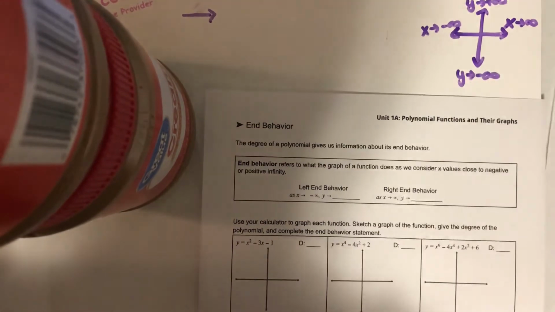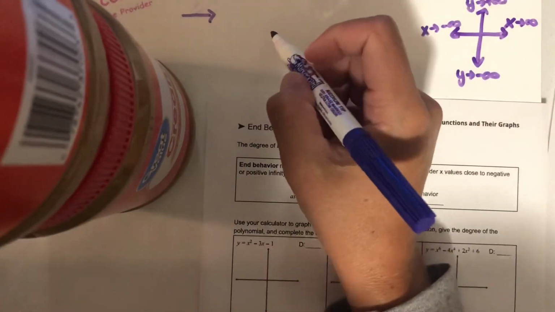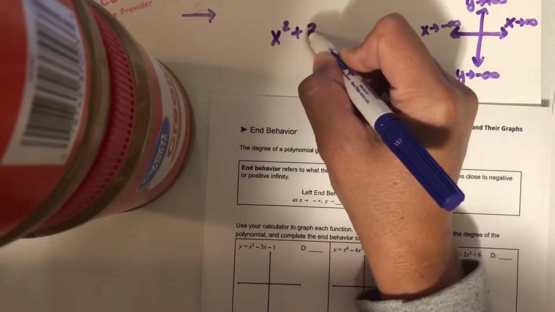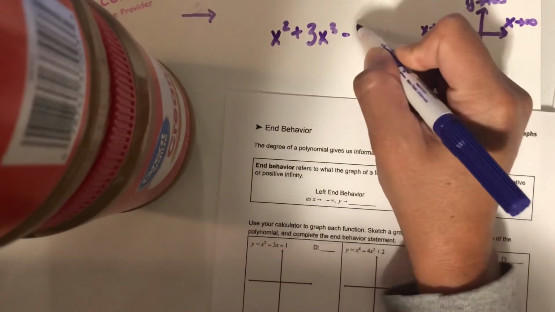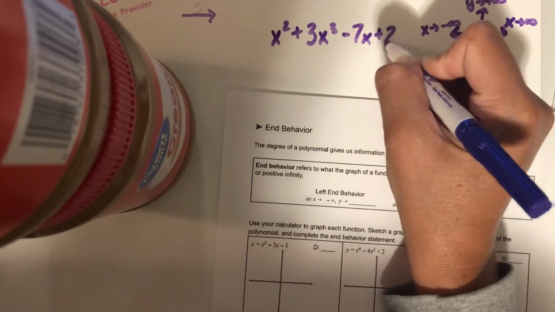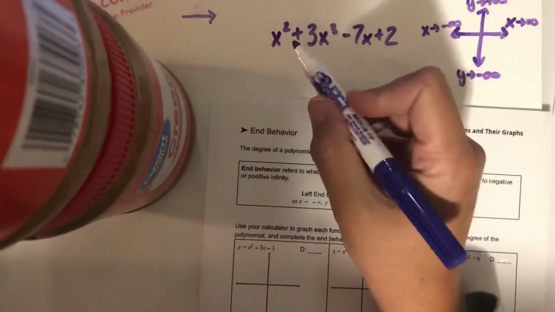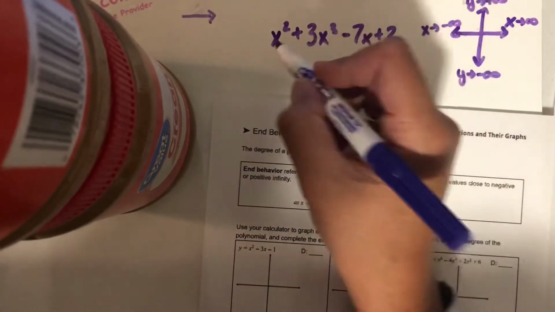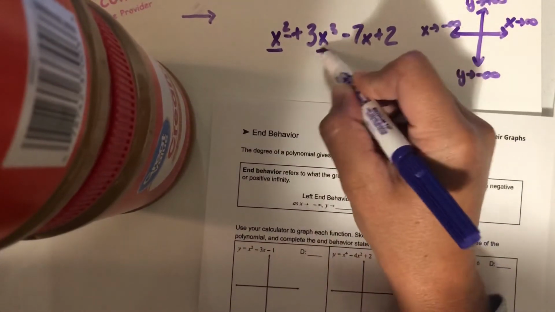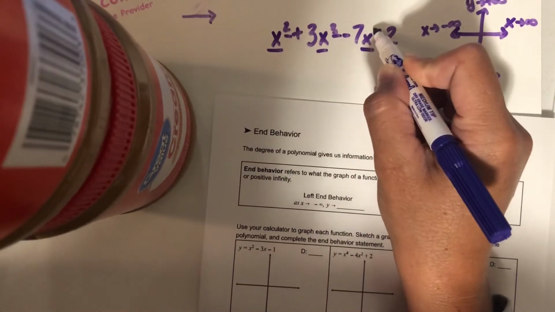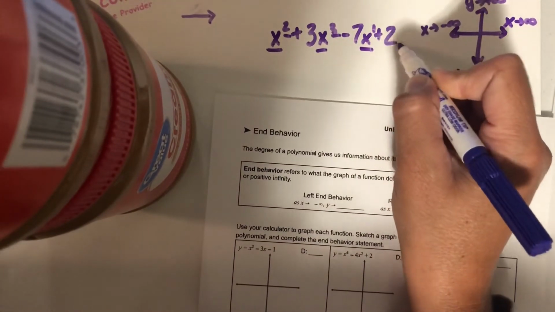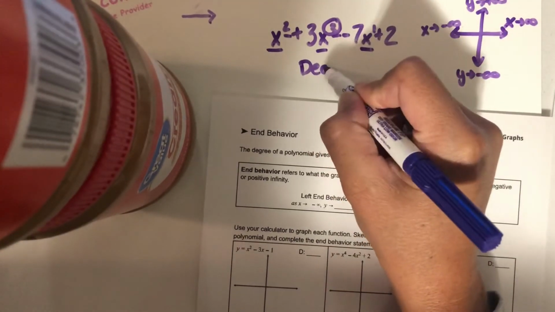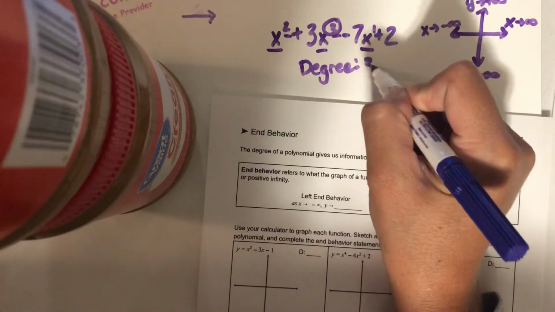As a reminder, if I had a function that said x squared plus 3x to the third minus 7x plus 2, the degree of this function is the highest exponent. I have an x to the second, an x to the third, an x to the first, since there's no exponent there, and no x in the last term. So the highest exponent is the 3, which means the degree of that function is 3.